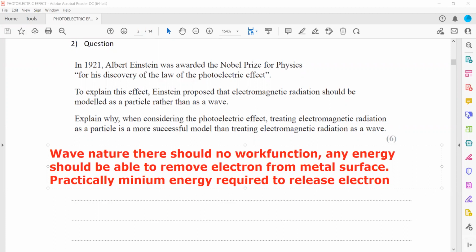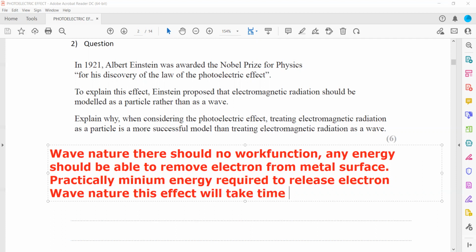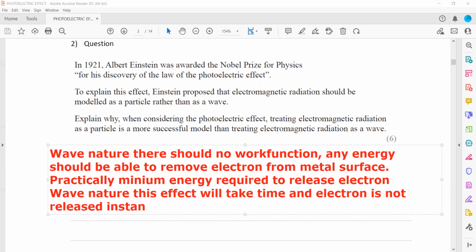Then according to wave nature, if light has a wave nature, this effect will take time and the electron is not released instantly. Immediately the electron will not come out according to wave nature.